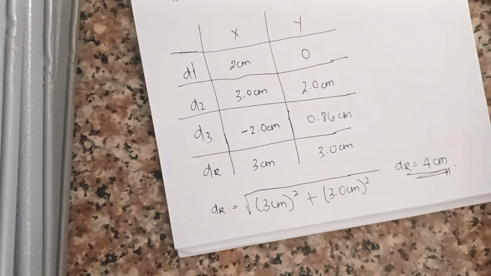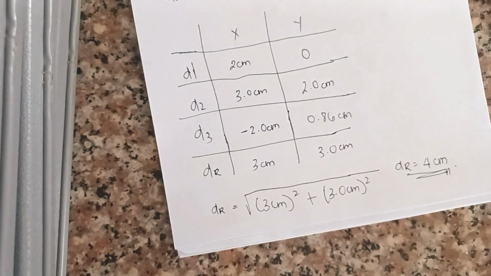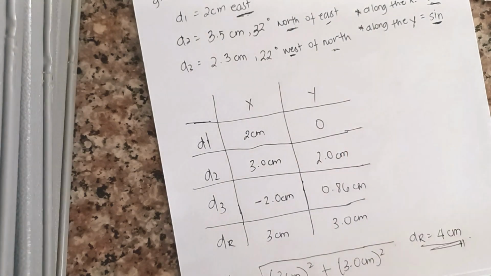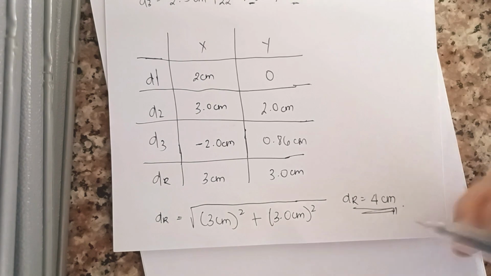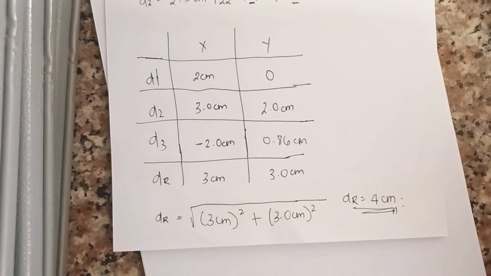Now, magnitude pa lang ang meron tayo. Centimeters pa lang. Meron pa dapat tayong directions. Okay, direction. Since ang vector po natin ay magnitude and direction. Okay, to get the direction, ang gagawin natin ay tan, or arctan. Ganito po siya.